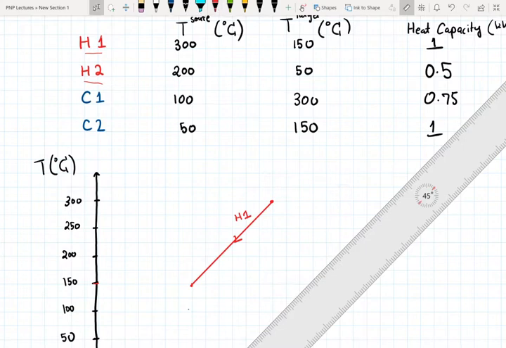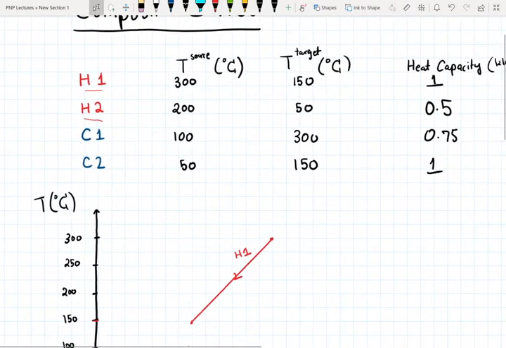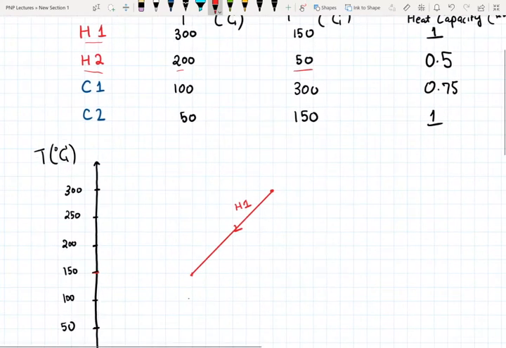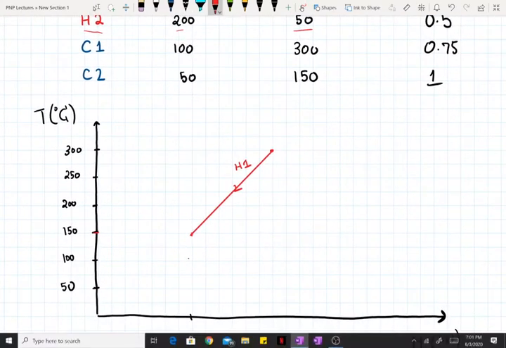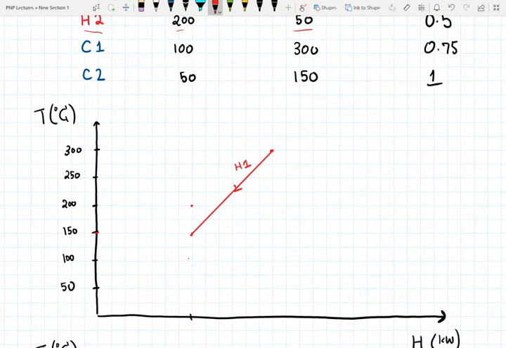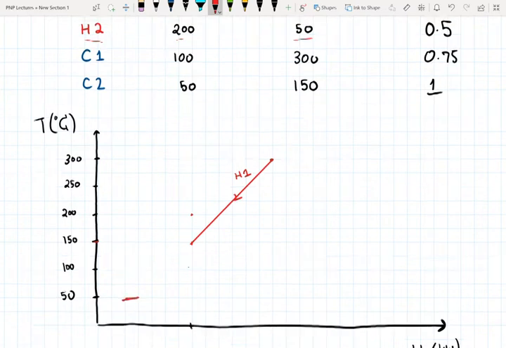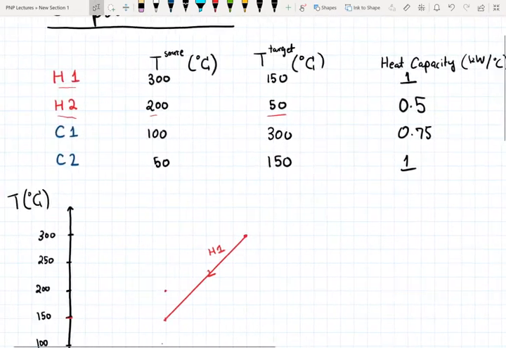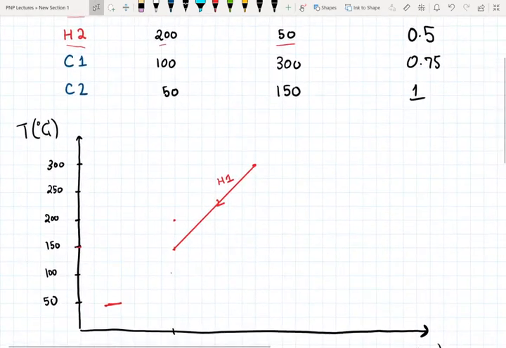And for our second stream, our source temperature is 200 and our target temperature is 50. So 200 and 50. All right, and the slope of the line is 2. We have 6 down, 3 across.